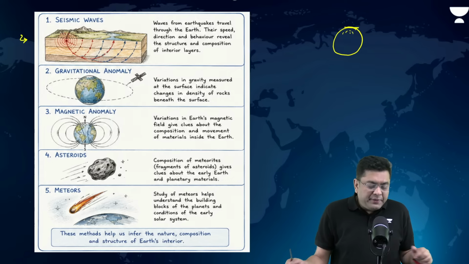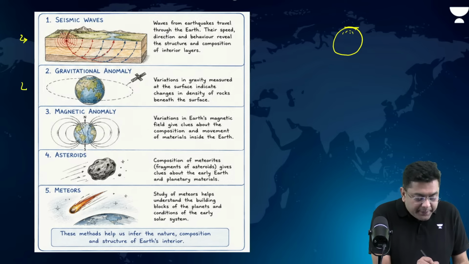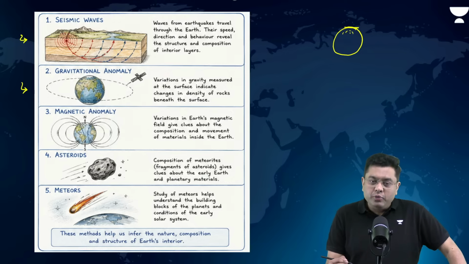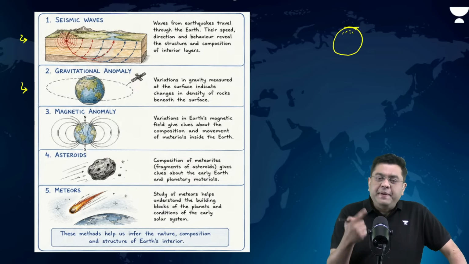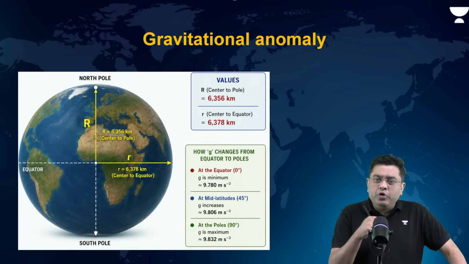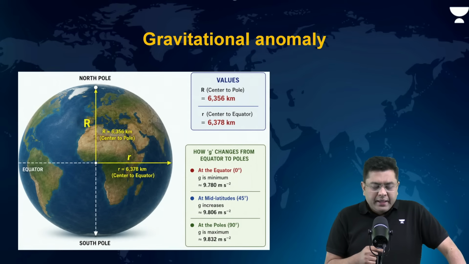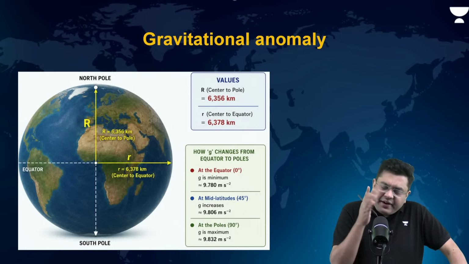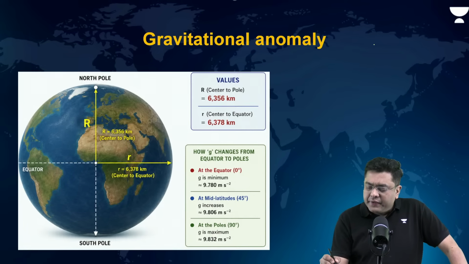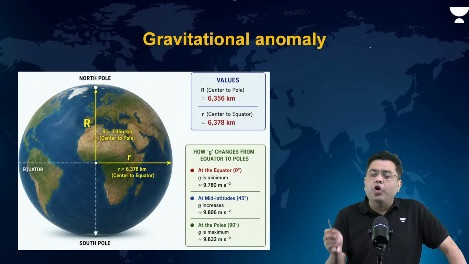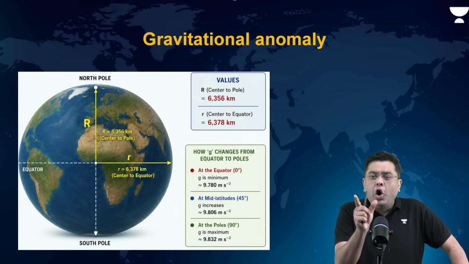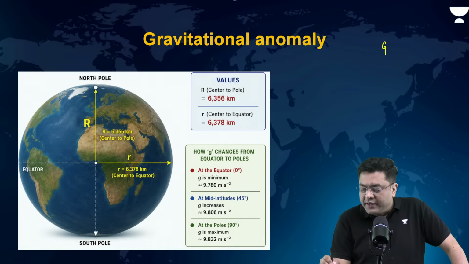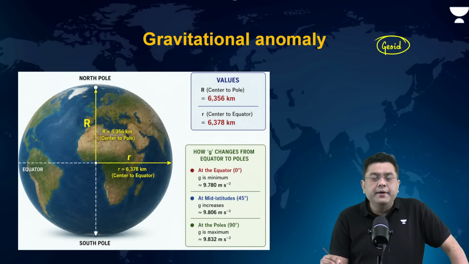Then you have something known as gravitational anomaly. What is gravitational anomaly? Basically, planet Earth is not a perfect sphere. It is a shape known as an oblate spheroid, or in simple terms, a terminology has been invented for this, that is geoid.